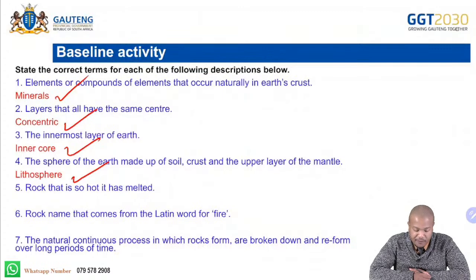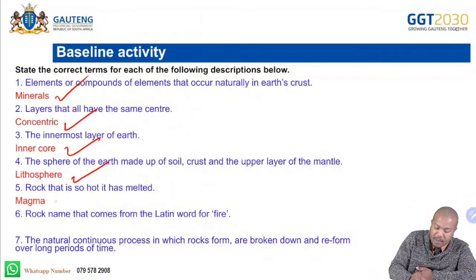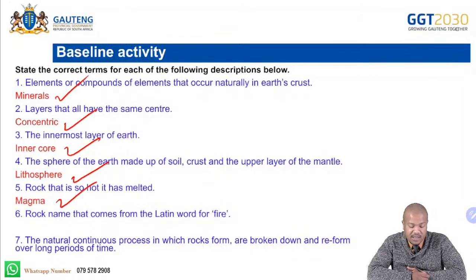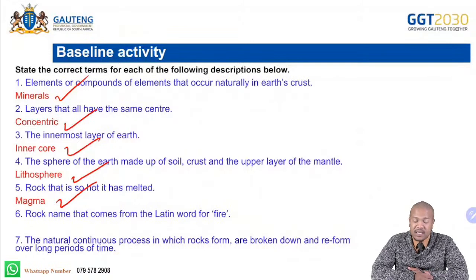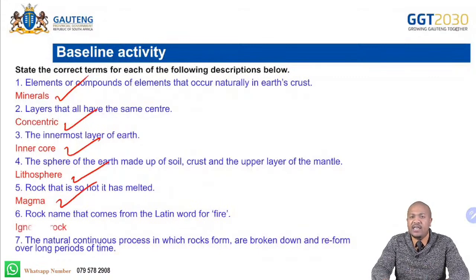Then number 5, the rock that is so hot and it has melted. Well, that one is magma. Then number 6, rock name that comes from the Latin word for fire. That is an igneous rock.